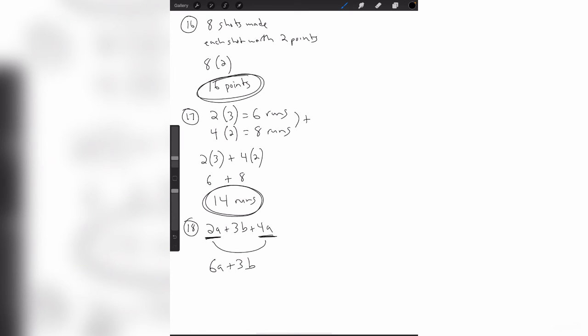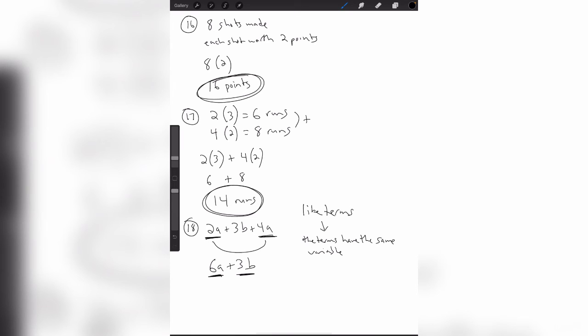But once I get to here, I cannot combine these two because they're not like terms. They do not have the same variables. So whenever you see the phrase like terms, you could say that the terms have the same variable.